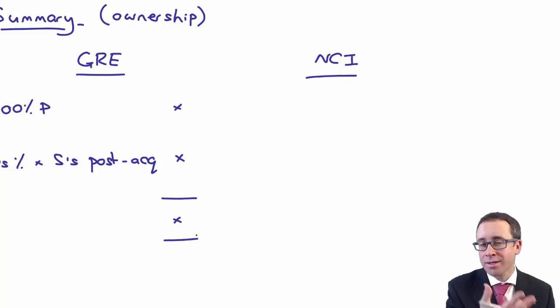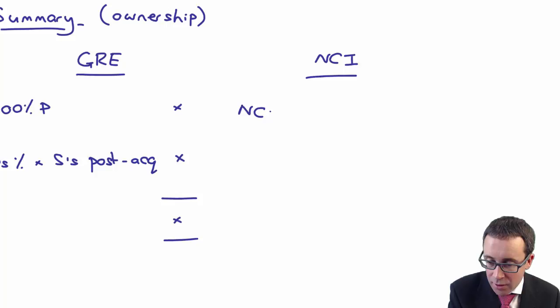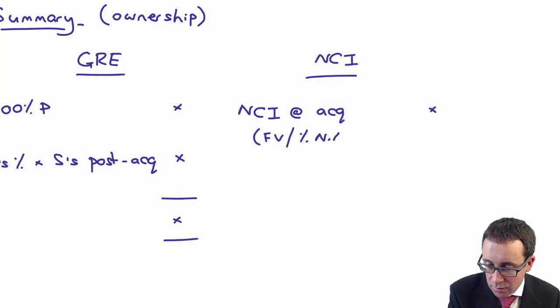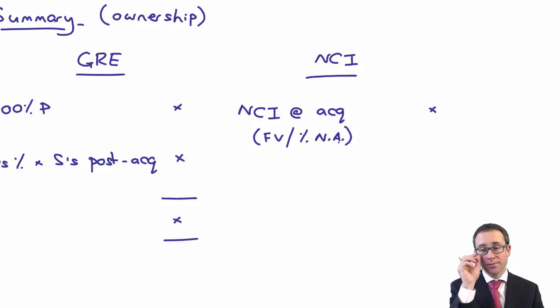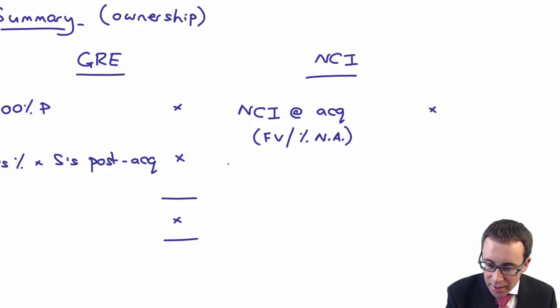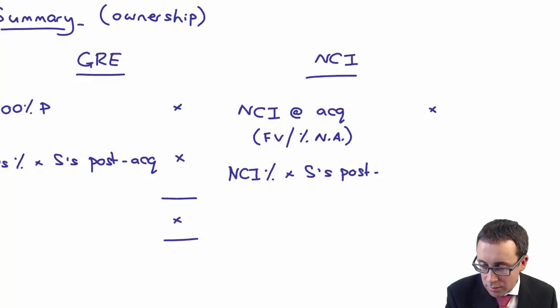The non-controlling interest, it doesn't matter whether it's proportionate share of net assets or fair value method. You take the non-controlling interest at acquisition, so again that will be based upon either the fair value or your percentage of net assets, to which you then add on the non-controlling interest share of S's post-acquisition.